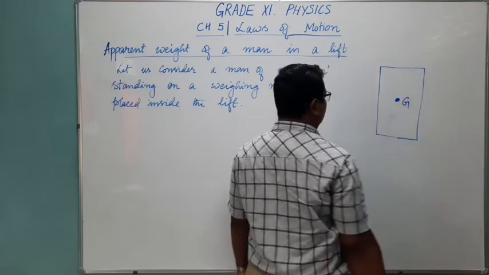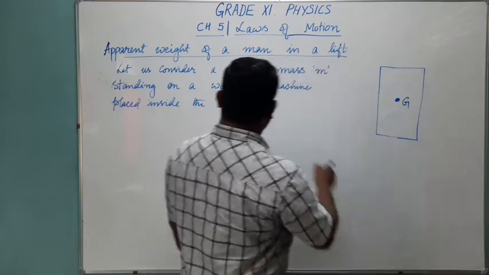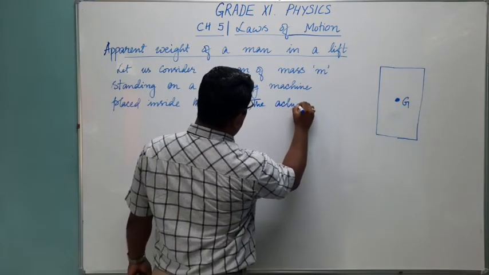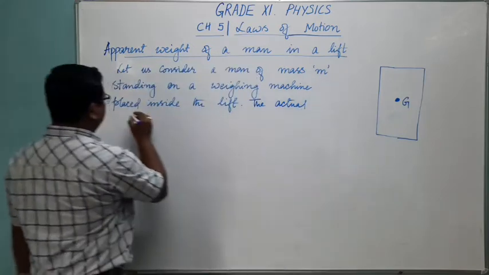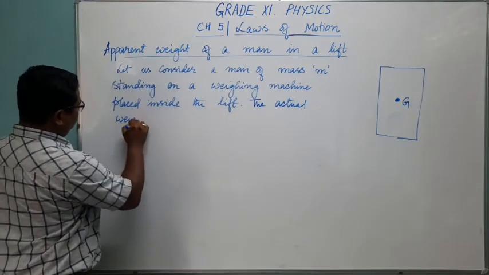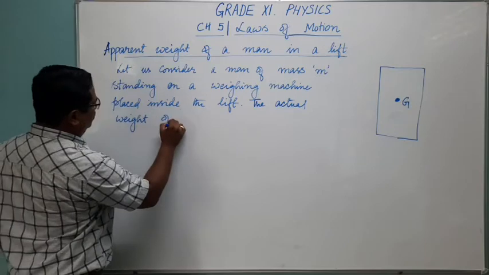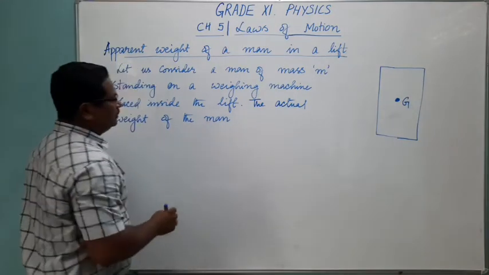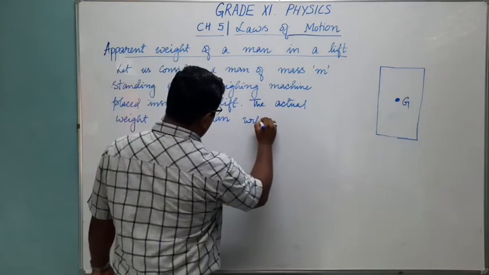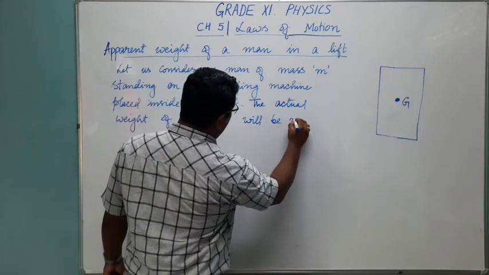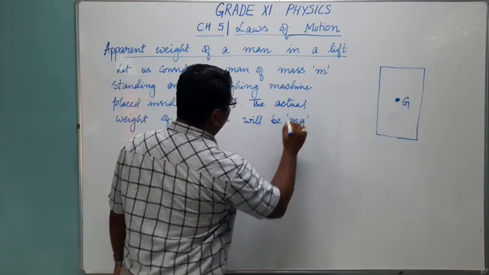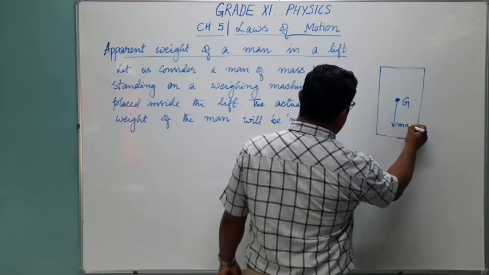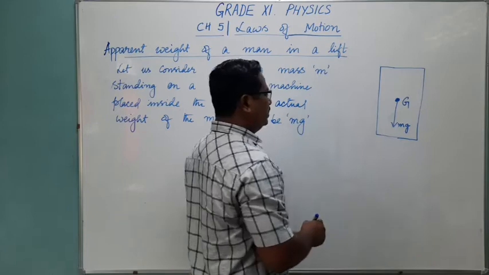Let us take this point as G. Then the actual weight of the man will be mg, mass into acceleration due to gravity. Gravity of the earth pulls down. This will be the actual weight. That will be shown by the weighing machine.